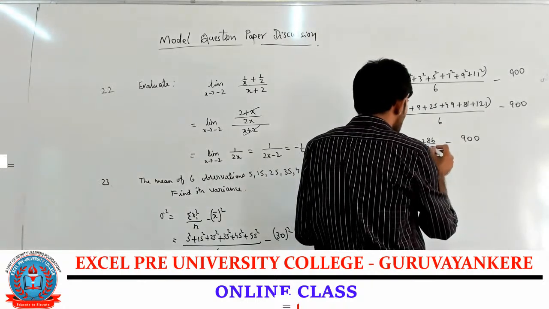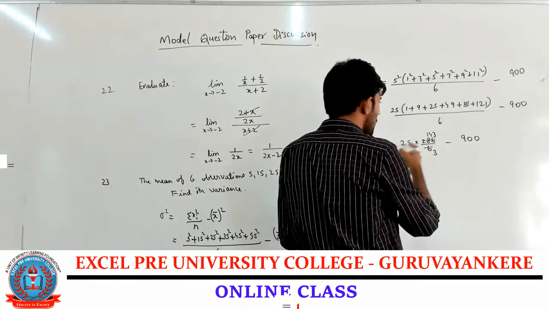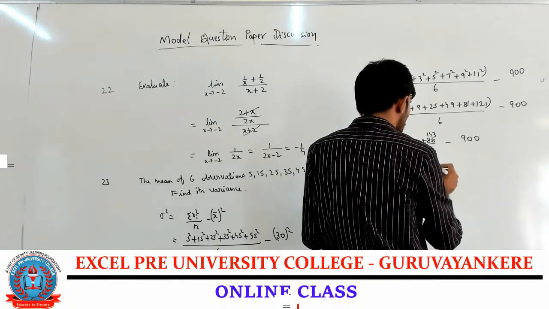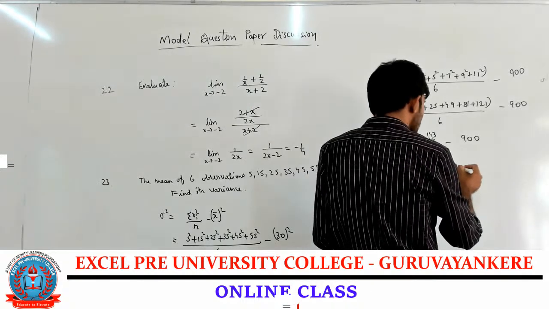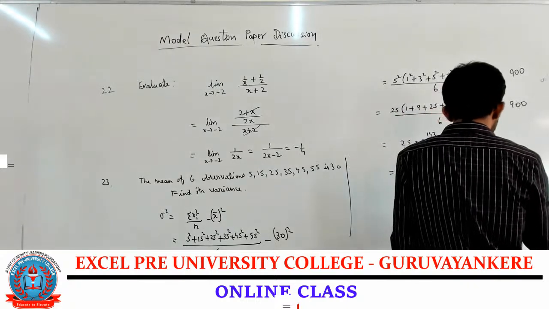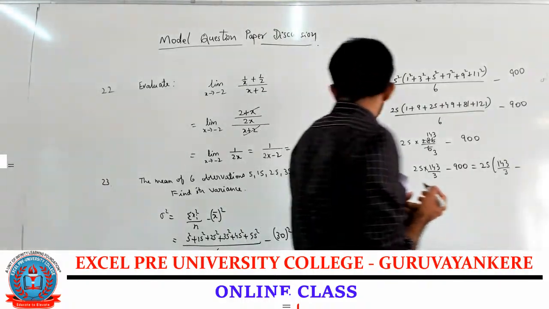You can use the 2 table, 2 143s are 286, so 25 into 143 divided by 3 minus 900. 25 is common here, 143 divided by 3 minus 25 into how much is 900, we find out.